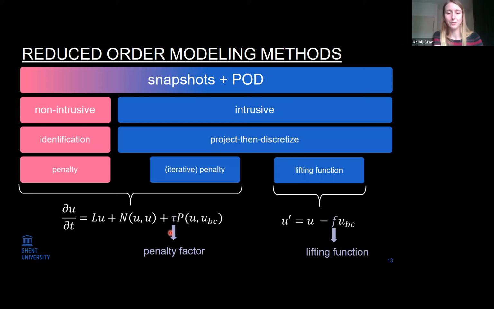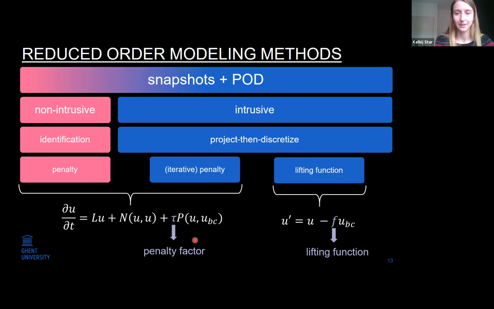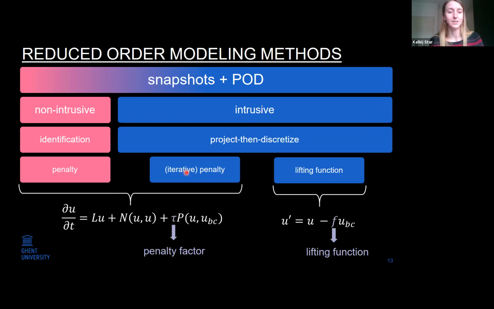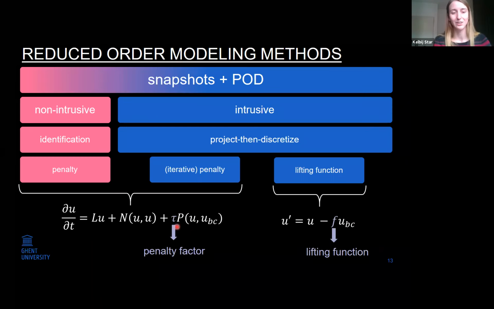But if you choose a too large penalty factor, your reduced order model system, which still needs to be projected, will become ill-conditioned. So you always need to find a factor that's suitable for your problem, and that is done using numerical experimentation. Later on I added an iterative approach such that you can do that automatically, instead of manually changing values and seeing which one works and which one doesn't.